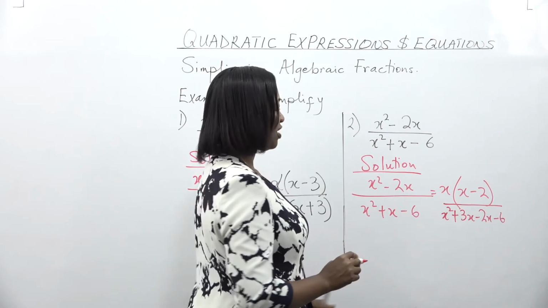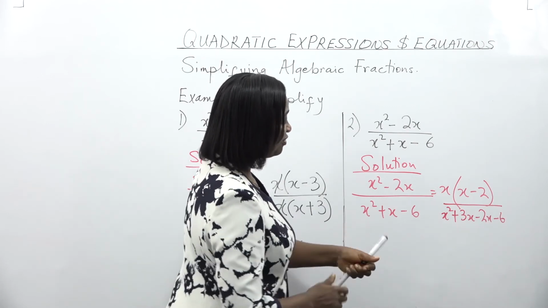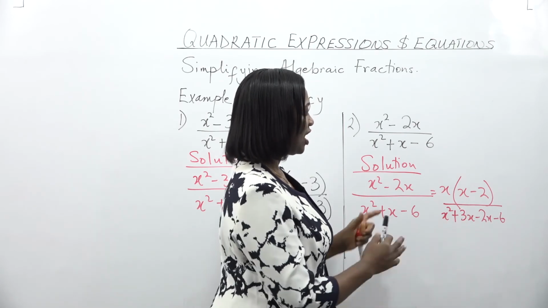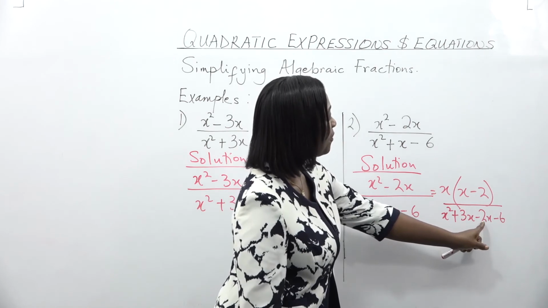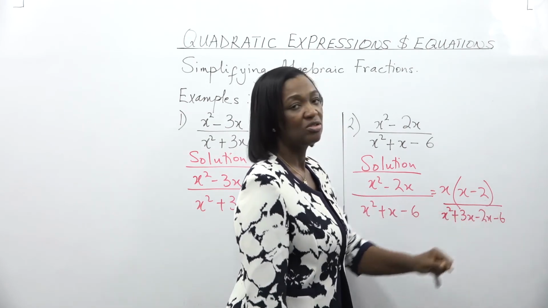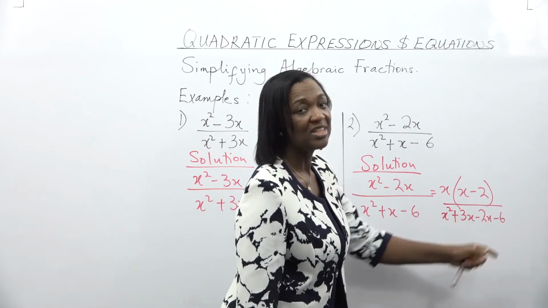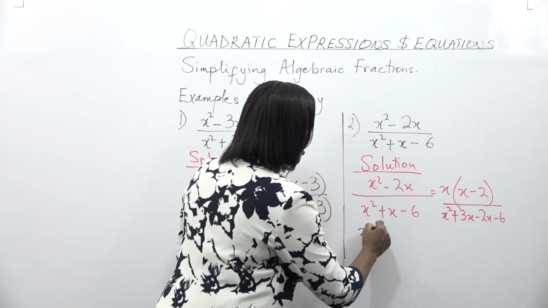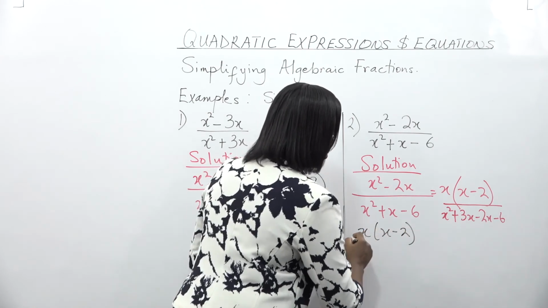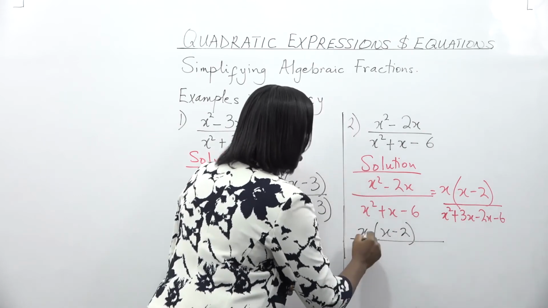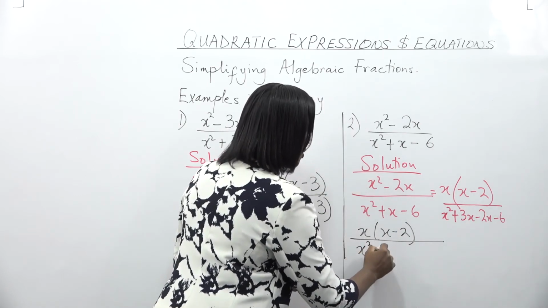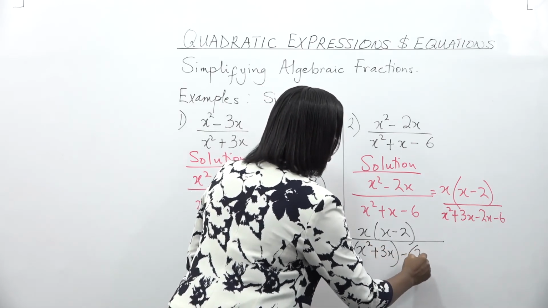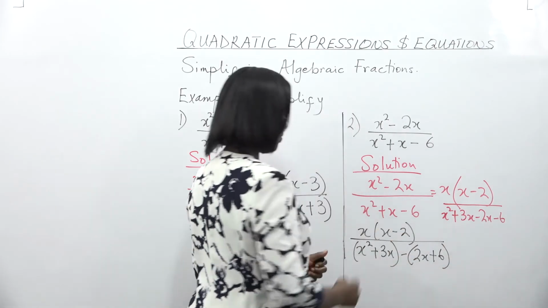Still carrying on with my factorization, I will then have x squared plus 3x in one bracket and minus 2x minus 6 in another bracket. It becomes x into x minus 2 over x squared plus 3x minus 2x minus 6.